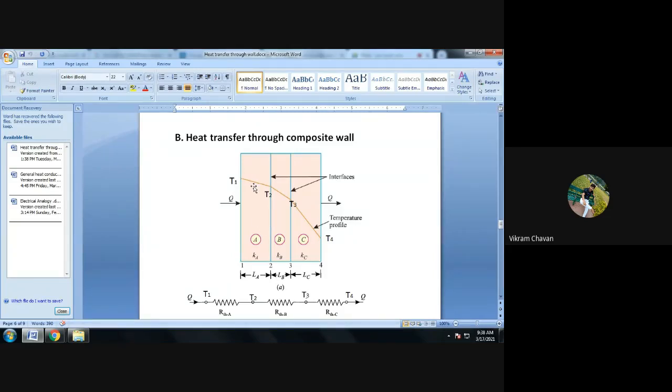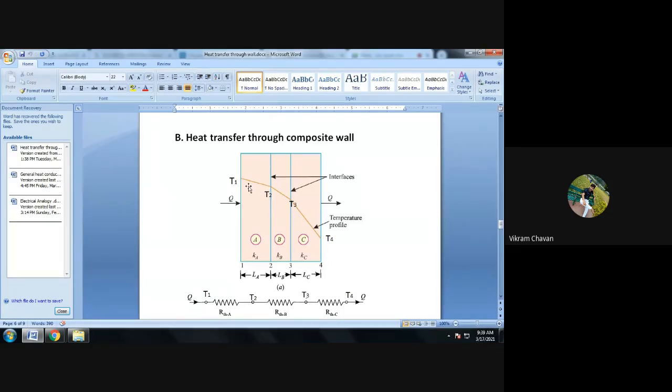This wall is made up of one material, so the thermal conductivity of this particular wall is constant as k suffix a. So we will get the linear temperature profile, a straight line, for the plane wall or one single wall.